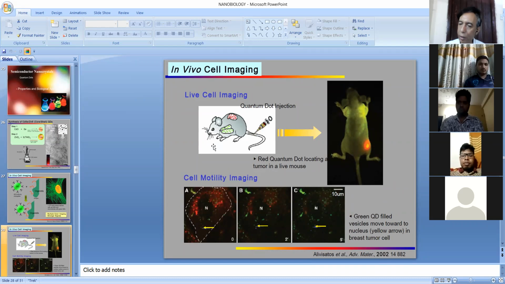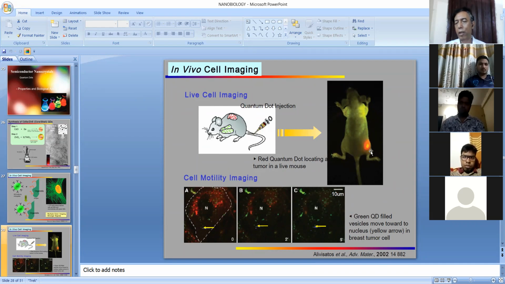If you have a tumor in your body, then the quantum dot will be accumulated on that tumor. Now, if I irradiate infrared radiation on this rat, here you see the quantum dot is accumulated.